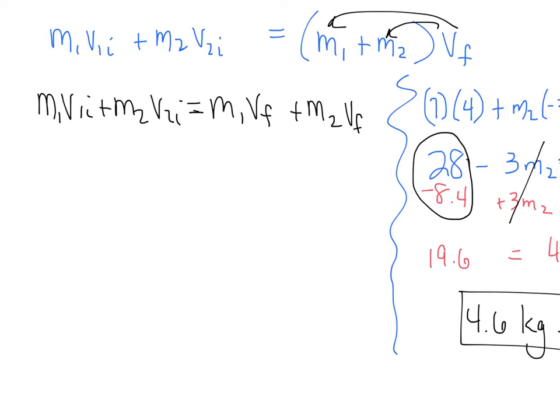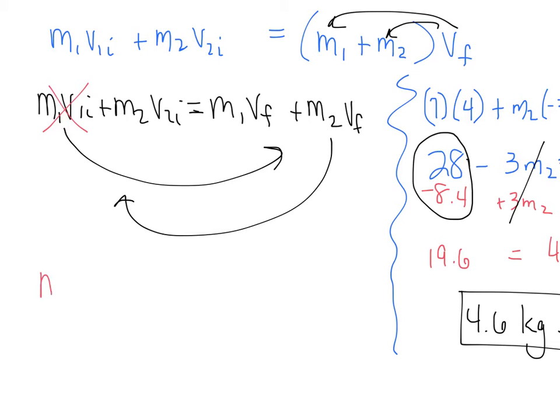Now, our goal is to get M2 by itself. So I would recommend taking this M2, moving it over here by subtracting the whole quantity. Take this part right here, move it over here by subtracting it. So we move this over by subtraction, and we move this over by subtraction. So the left-hand side, I start by repeating what I've got still. So this is going to be gone when I move it over. So I'm left with M2 V2I.